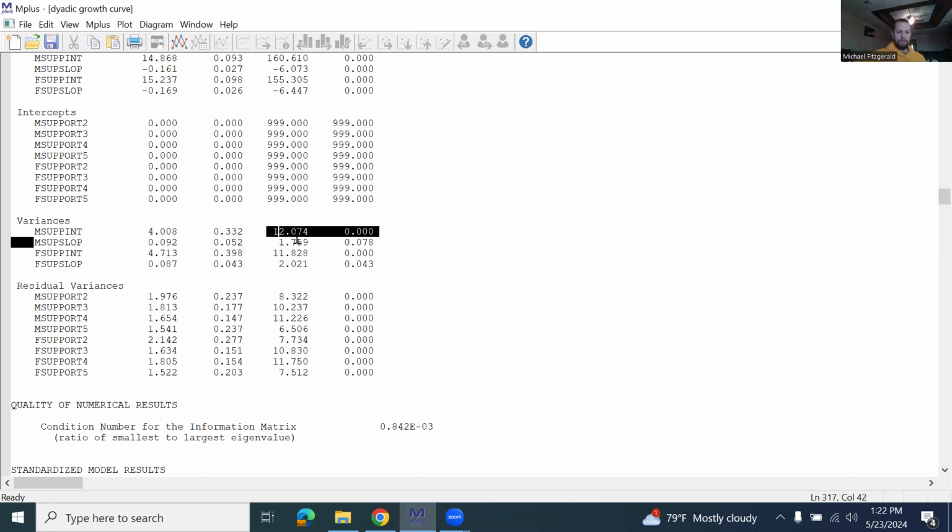And we see that we do have some variance in the slopes, but technically the male support is not significant. It's hovering just above that p equals 0.05 level. And you can see that the female slope is also hovering just about that p equals 0.05 level.